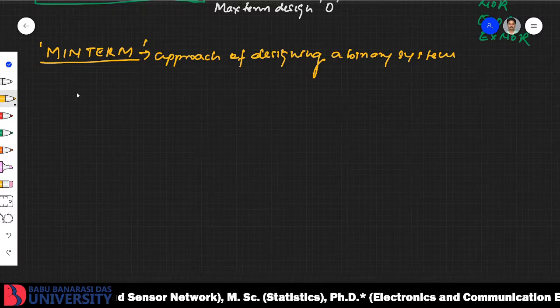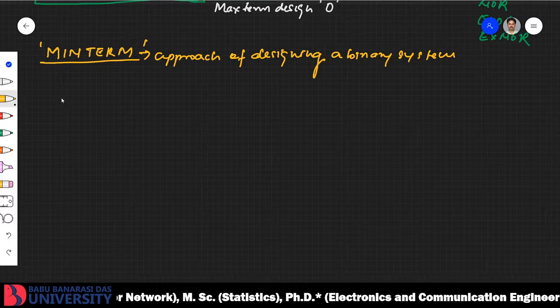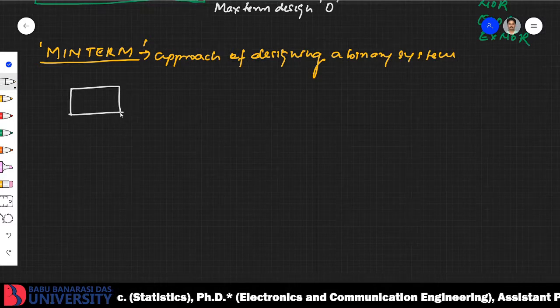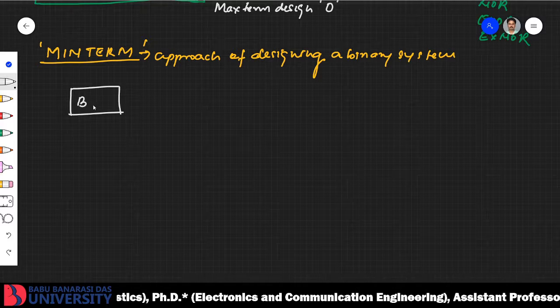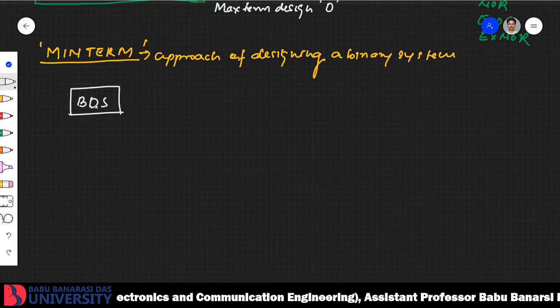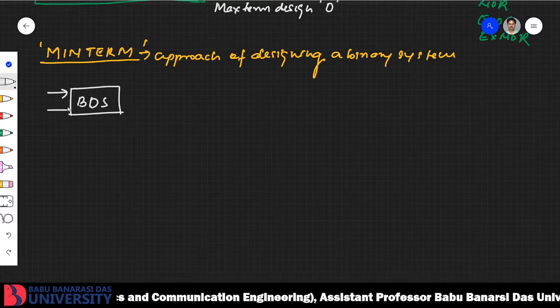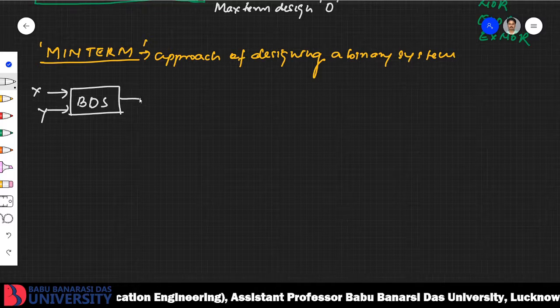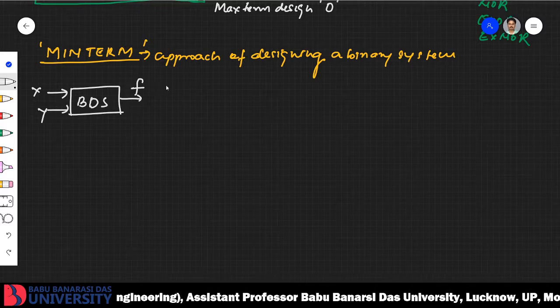Let us draw one block diagram here. This is the binary digital system, BDS. Here the inputs are x and y. The output is represented by the function f.